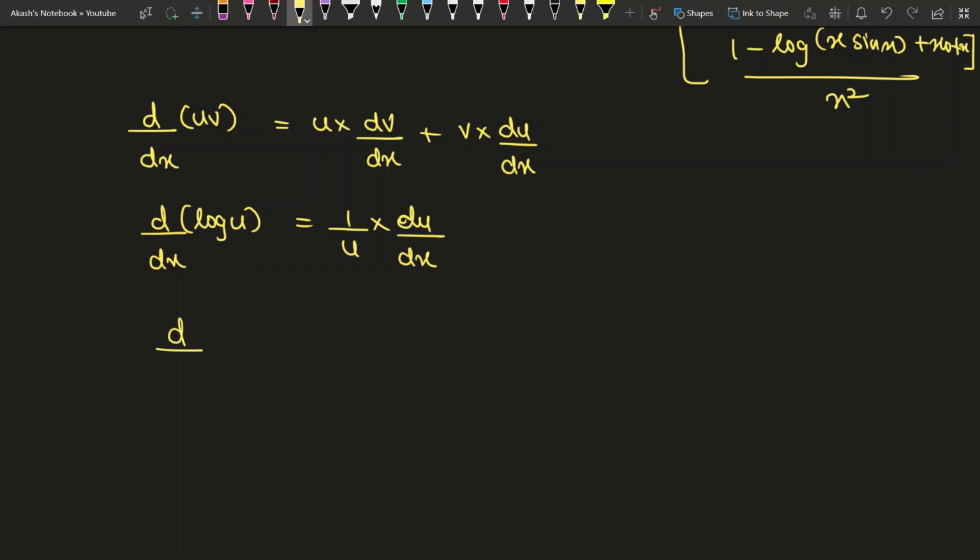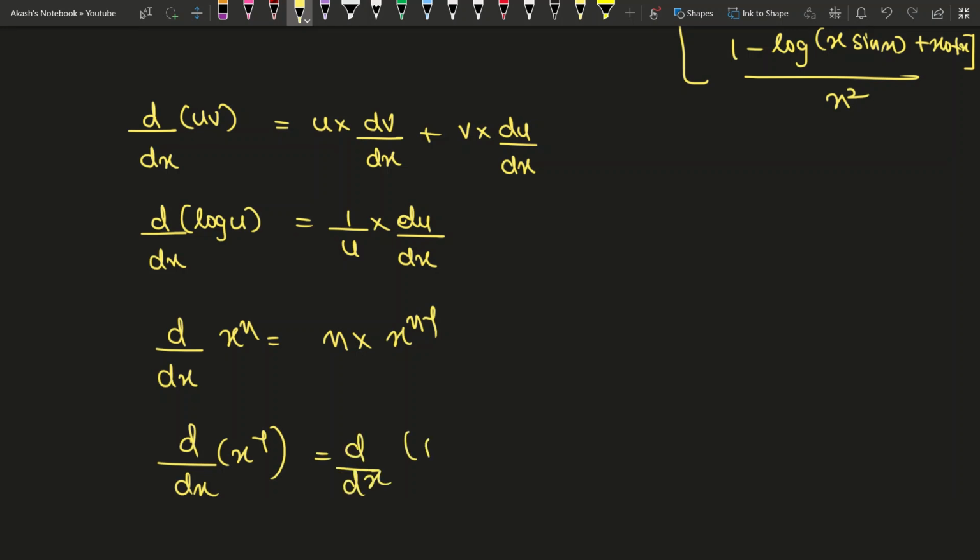We used d by dx of x raised to n is n into x raised to n minus 1. So d by dx of 1 by x is equal to minus 1 by x square.